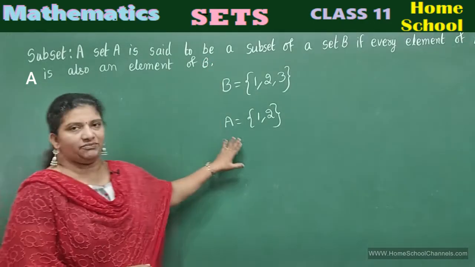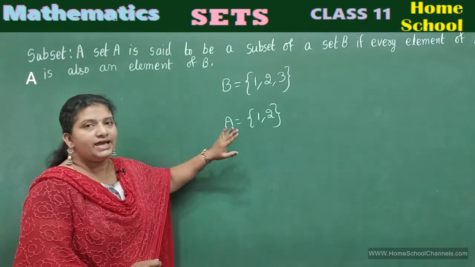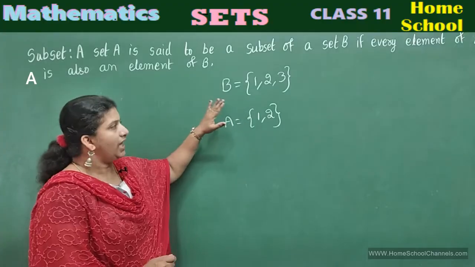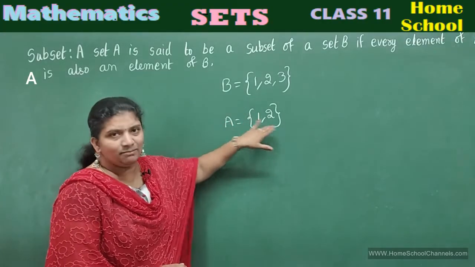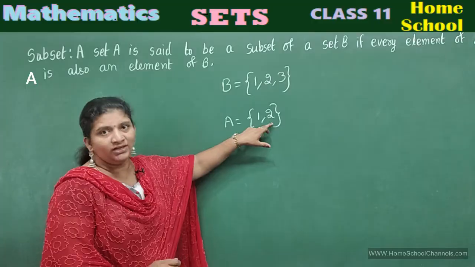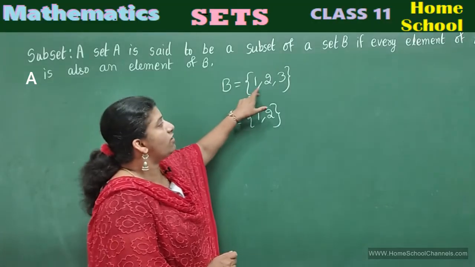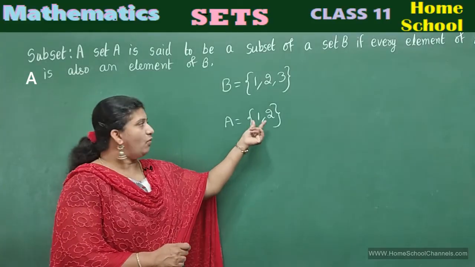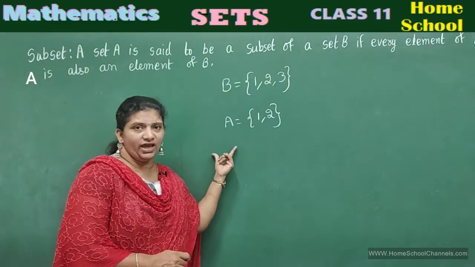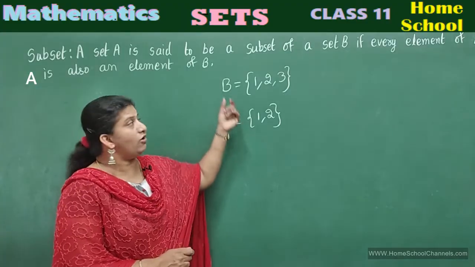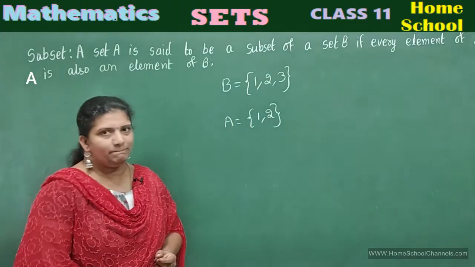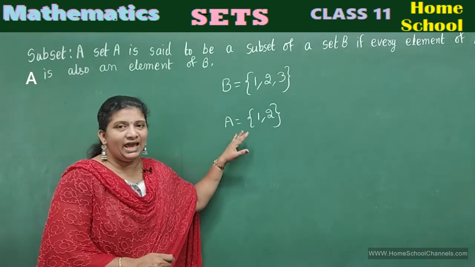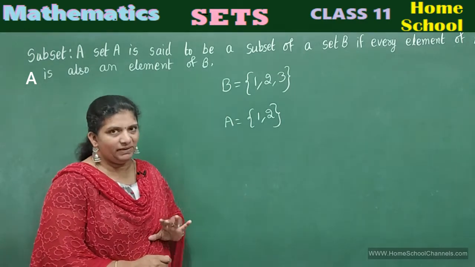A set A is said to be a subset of a set B if every element of A is also an element of B. Yes, can you understand? 1 and 2 are the elements of A. These two elements are also the elements of set B. Therefore, I say this is a subset. A is a subset of B.